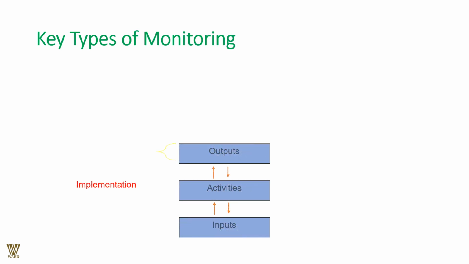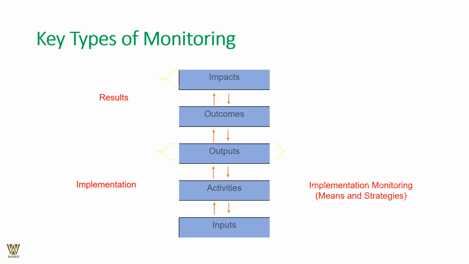Key types of monitoring, if we go around it: implementation monitoring is always of the three activities of input, activities, and output, whereas results monitoring is all about outcomes and the results that go around it. The five-step process, the initial step being implementation monitoring, as the case might be.